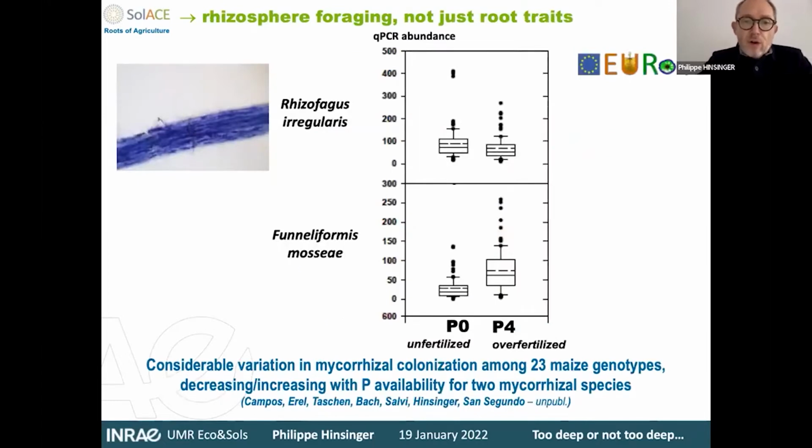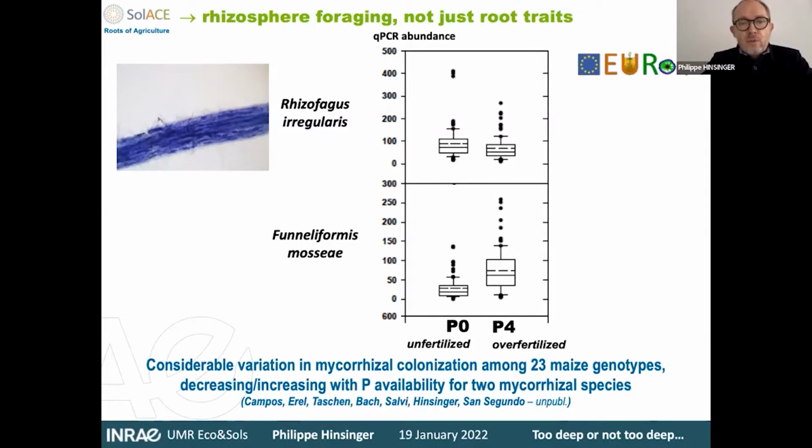On top of these root traits, we shall not forget that plants are also relying on other important participants in resource acquisition, and some of them are mycorrhiza. So this is another example from our previous work on maize genotypes in field conditions at 2 levels of phosphorus.